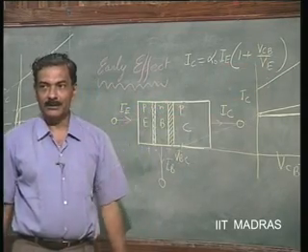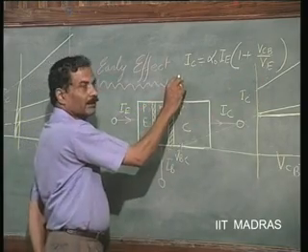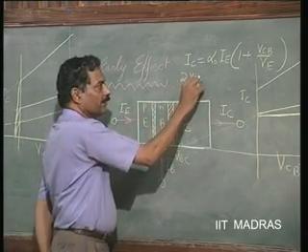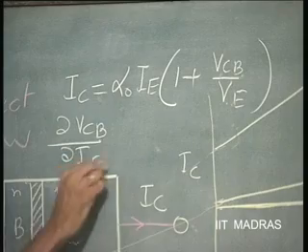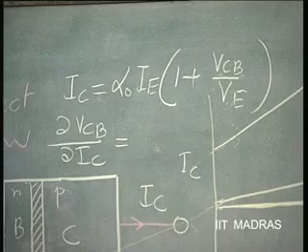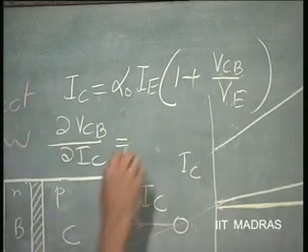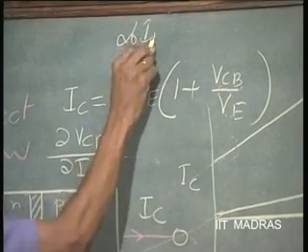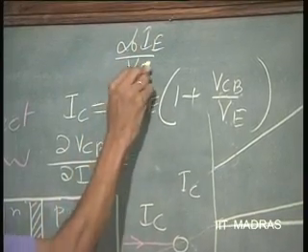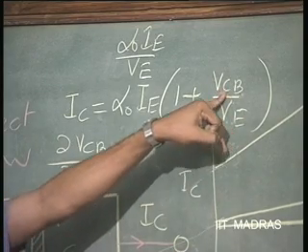In an expression, therefore, please remember, you have to give this value if you want to see this effect on output impedance. So, output impedance is nothing but what? Delta VCB divided by delta IC. So, that is equal to, let us see, delta IC by delta VCB, which from this expression is alpha naught IE by VE. It is nothing but the coefficient of VCB.